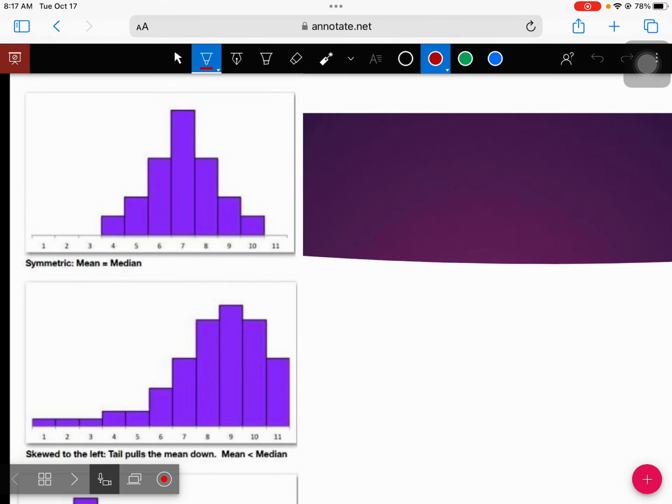All right, so on page 71, we are going to write, and these are your notes, what you choose to write, girls, or not, is up to you. But this histogram is perfectly symmetrical. Perfectly symmetrical.